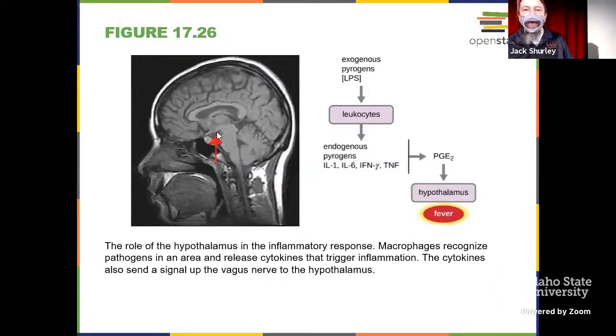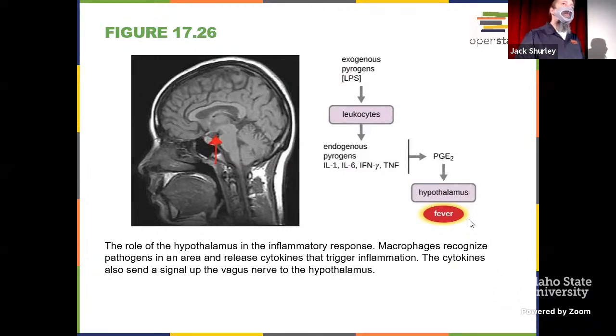And lastly, the hypothalamus is important when we think about inflammation and fever production, as we see specific substances that start to stimulate cytokines, stimulating cells to come in and respond. We see the inflammatory process, and we also see these cytokines impacting the hypothalamus, causing an increase in the temperature.